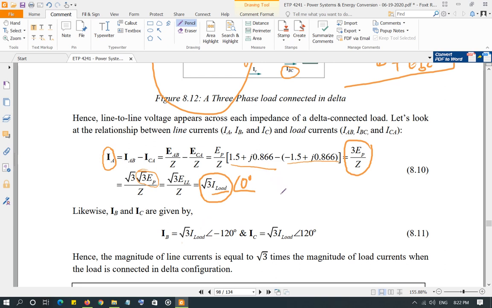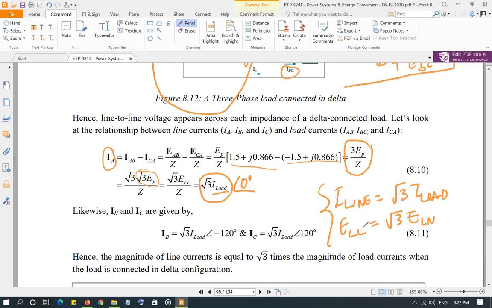The most important results that you need to remember for most of the problems, there are 2 things you need to remember. You need to remember that in delta connected load, the magnitude of I line is equal to square root of 3 times I load. And the line to line voltage, E line to line, is equal to square root of 3 times E line to neutral.